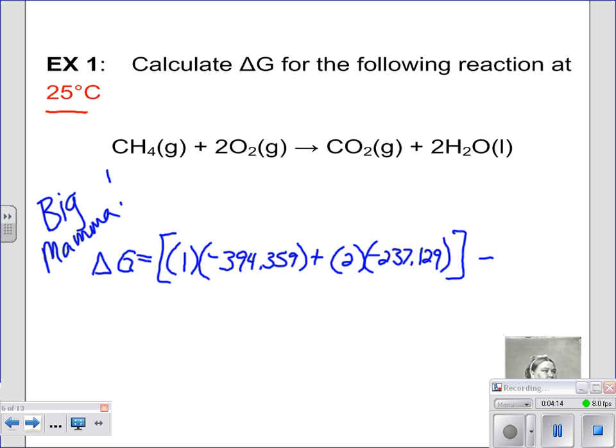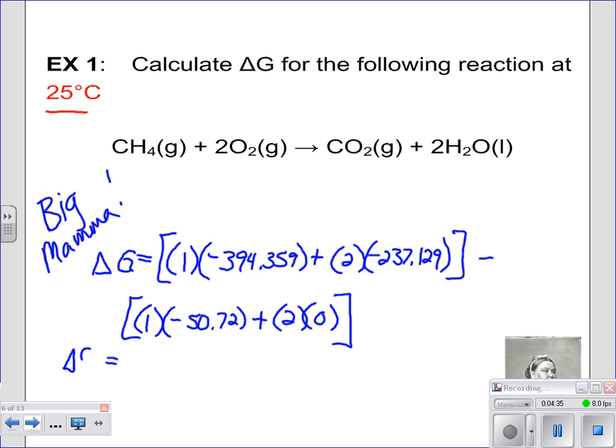We subtract the delta G values for our reactants, which is 1 times our methane, negative 50.72, plus 2 times our oxygen, which again is 0. When we go through this math, we get our delta G value equal to negative 817.897, and that's in kilojoules.